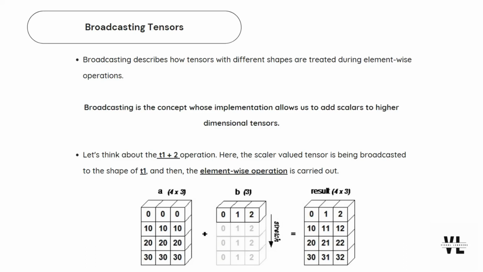Remember that element-wise operations always need the same shape so that we can add the corresponding elements. Once that occurs, the output is going to be the addition between the elements in the corresponding positions.